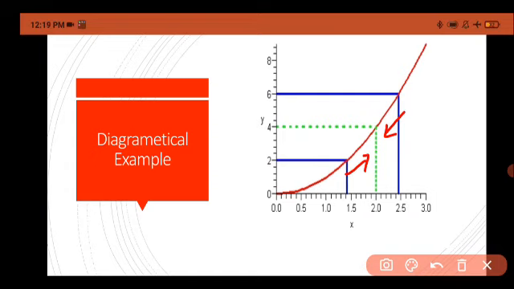The x, you can see, is approaching 2 from 0, and from this way it is approaching from 3 to 2.5 and to 2. So as x is approaching from either side, the value of y is also approaching from both the sides. That only is actually the limit.